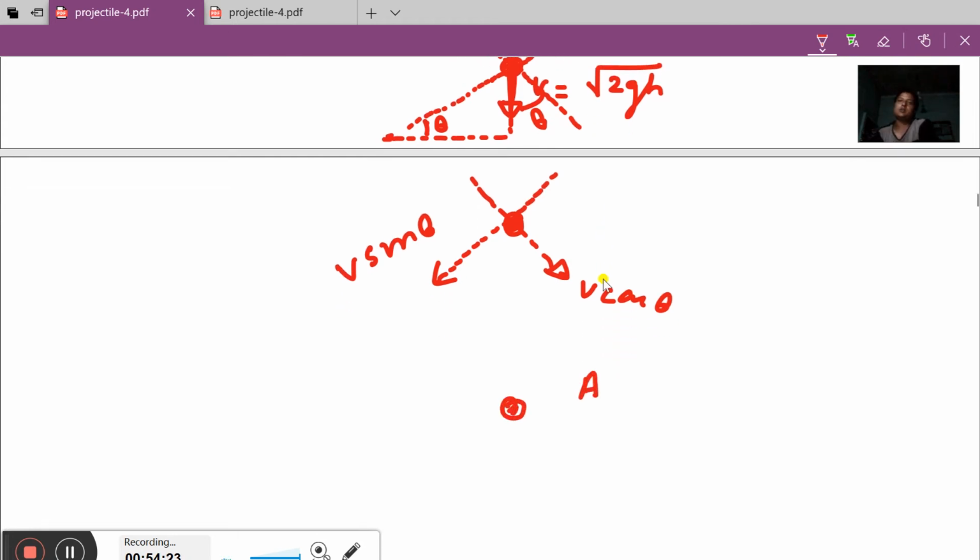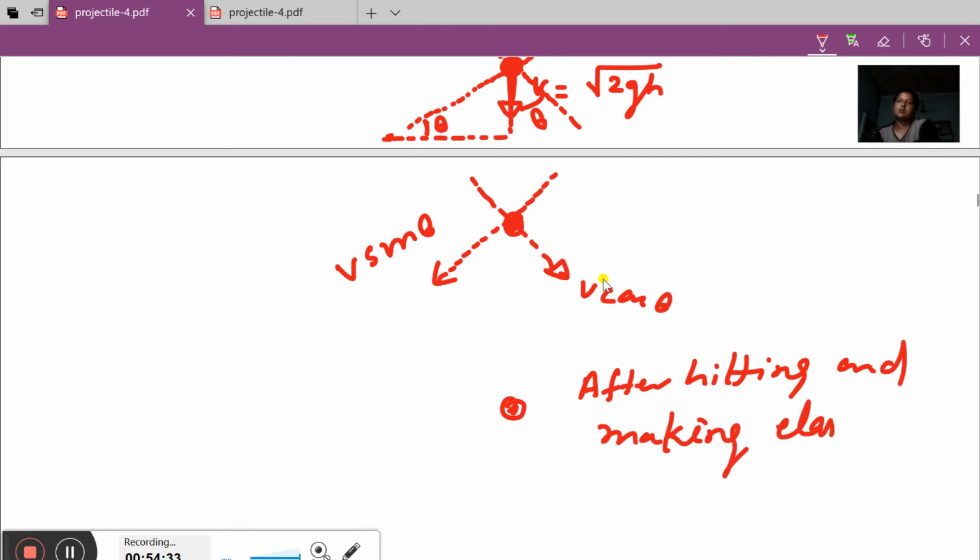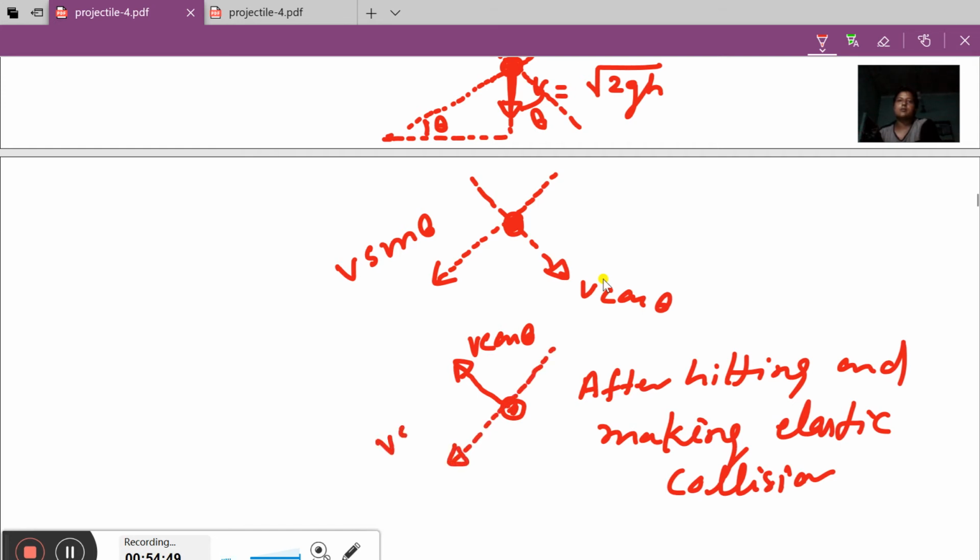After hitting and making elastic collision, v cos theta reverses back, and v sin theta remains the same.